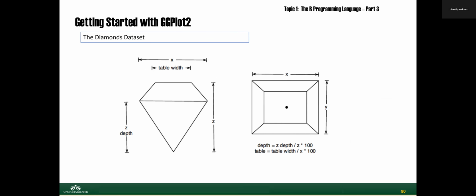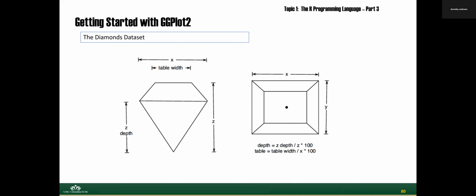Okay, so the last section of this lecture involves the diamonds data set. You said that diamonds are a girl's best friend. We're going to look at how we value diamonds. So for the structure of a diamond, we have four different measures. We have the table width, and then its outside width.